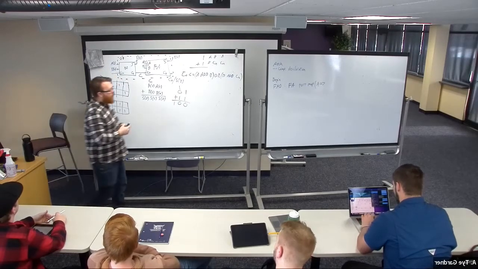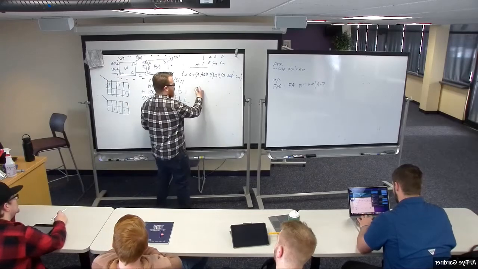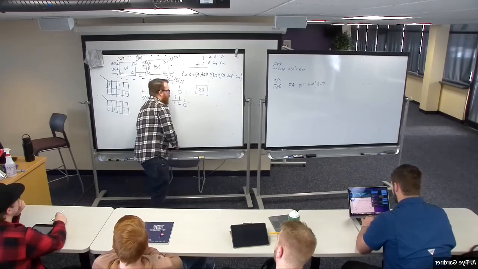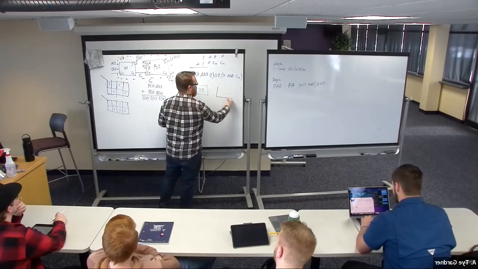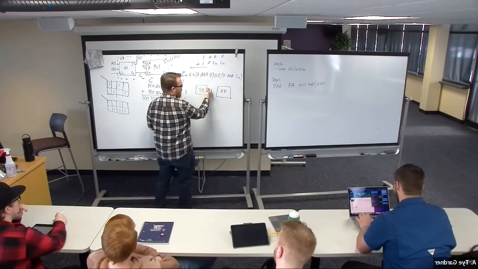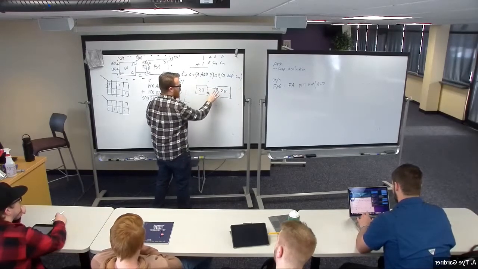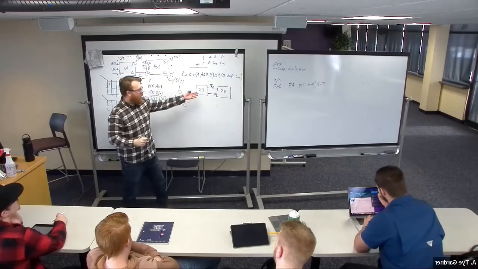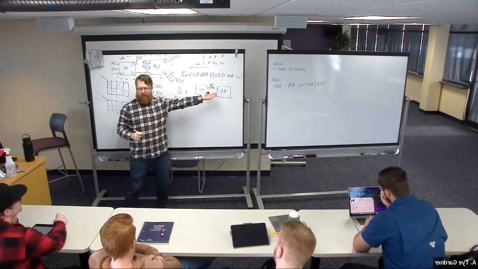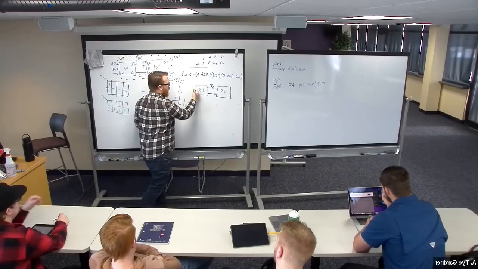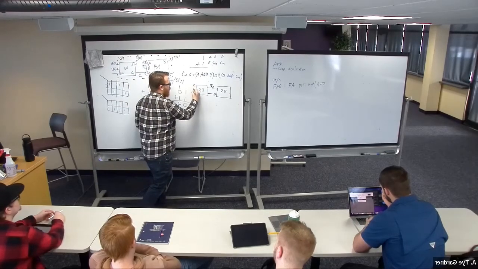Because what I can do is if I have a 2-bit adder and a 2-bit adder, then I can have them work together, and now I have a 4-bit adder, which is really nice, where my A and B inputs now are vectors that are 2 bits long.